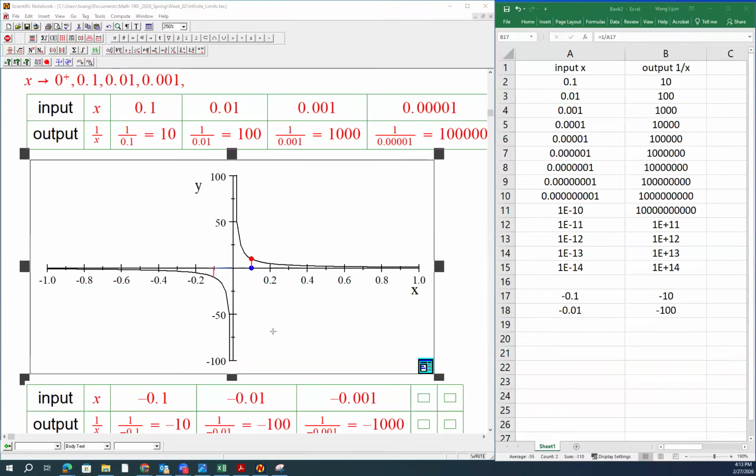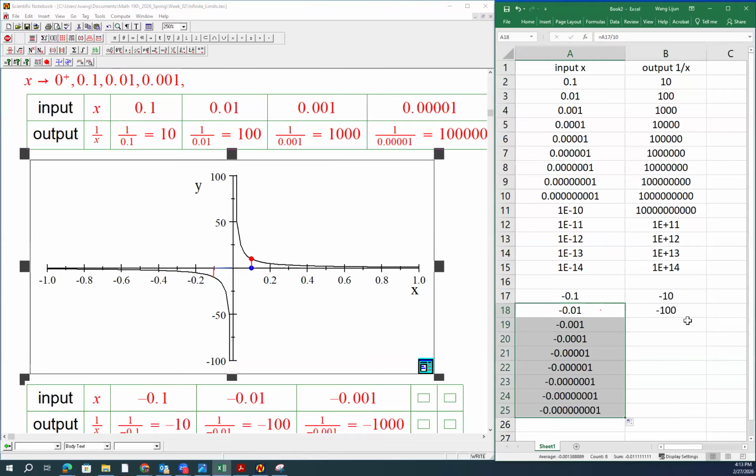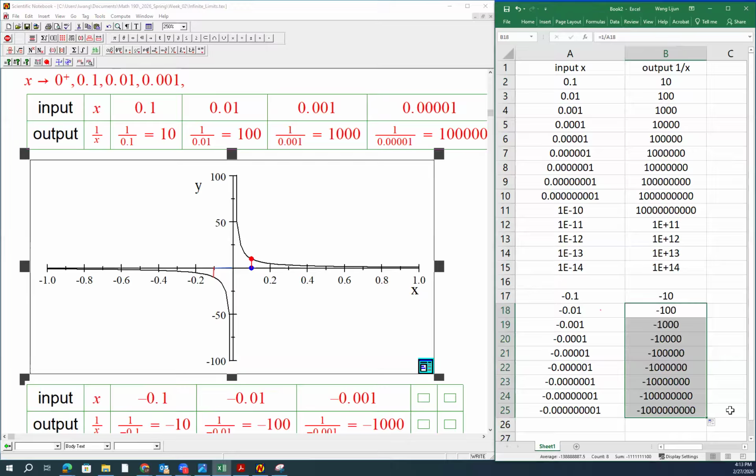If we keep this process going, the input gets as close to zero as possible, and on this side, the output is getting as large as possible, but negative, very large.